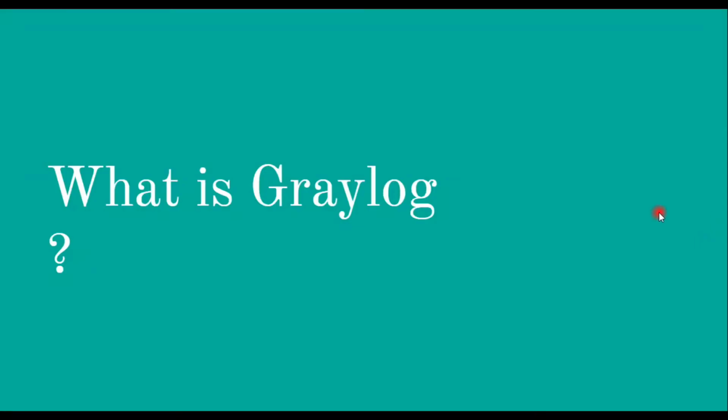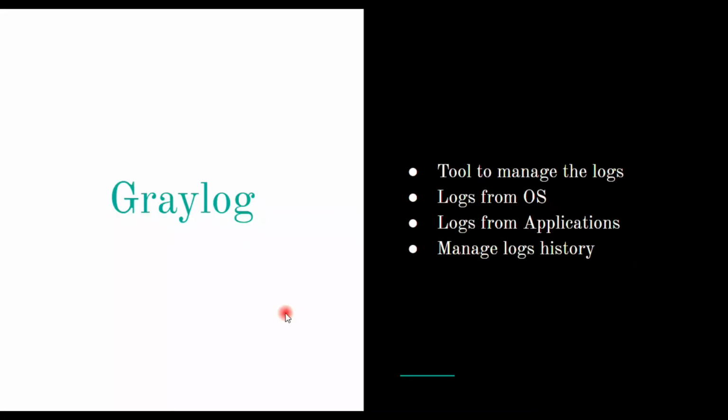So, what is Graylog? Graylog is a tool that is used to manage logs from different OSs, whether it is Linux or Windows or Mac. We send the logs through applications, or we manage the logs from the system, the server itself. By using Graylog, we can manage the history of the logs.